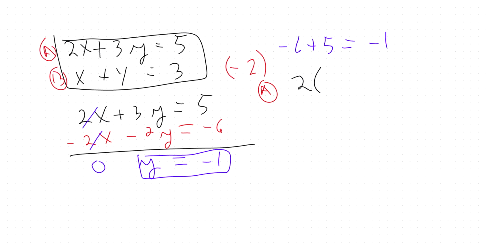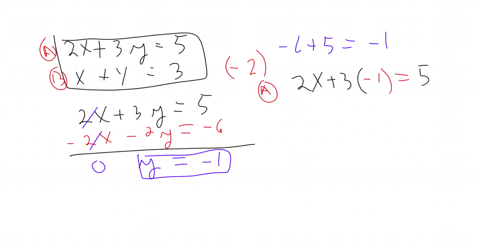So we have 2x, and plus 3, but y is going to be minus 1. So we have our y, which is minus 1, and that's going to be equal to 5.